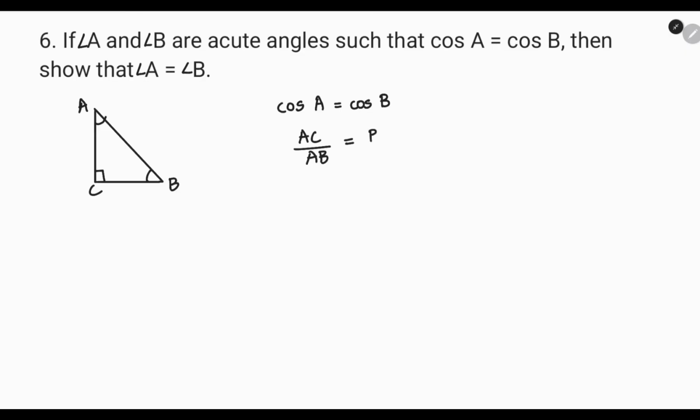So this simplifies to AC is equal to BC. That means that the two sides are equal. That is an isosceles triangle, and the opposite angles of those two sides will also be equal. This is the property of isosceles triangle. So from this we'll get that angle CAB is equal to angle CBA. In short, angle A is equal to angle B.